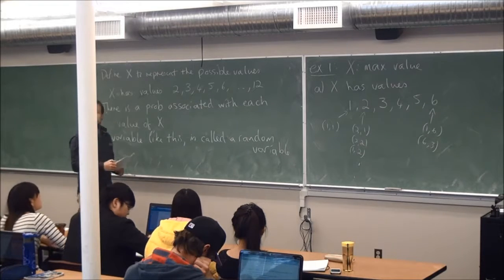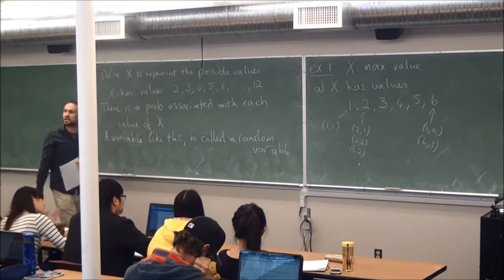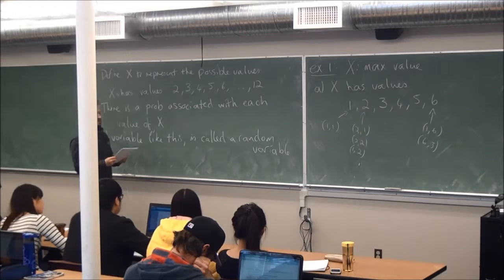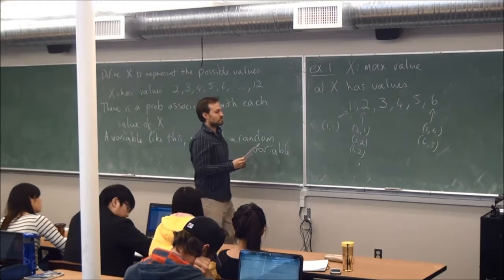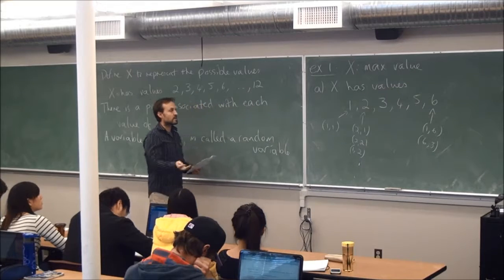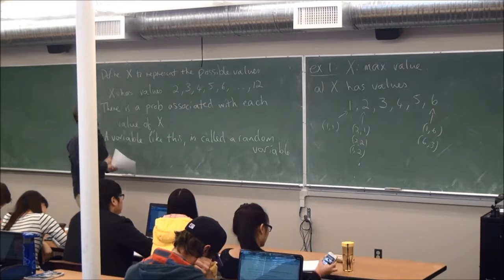So if it said maximum sum, that would be different. So I can define a lot of different meanings for X. In this specific case, X denotes the maximum value in the pair of numbers that I get, and that is the outcome of my experiment.